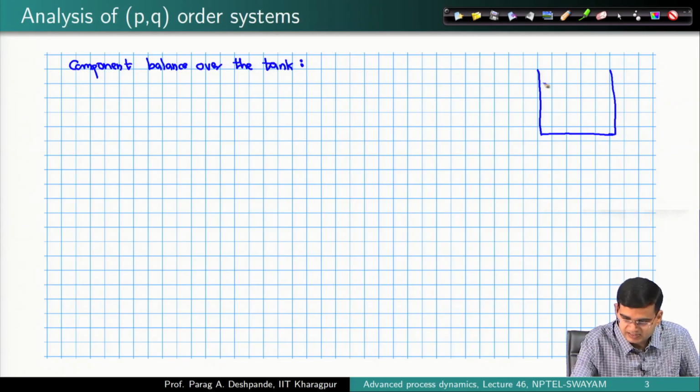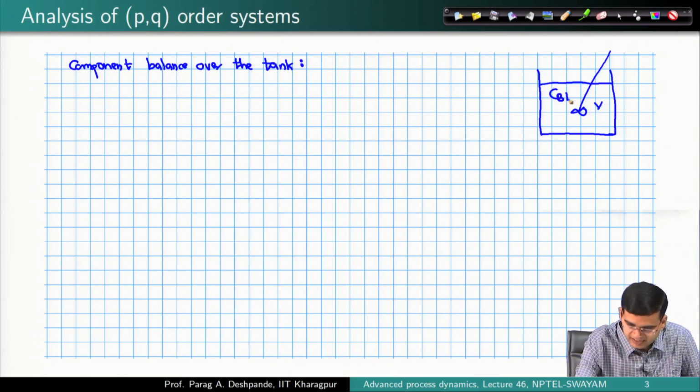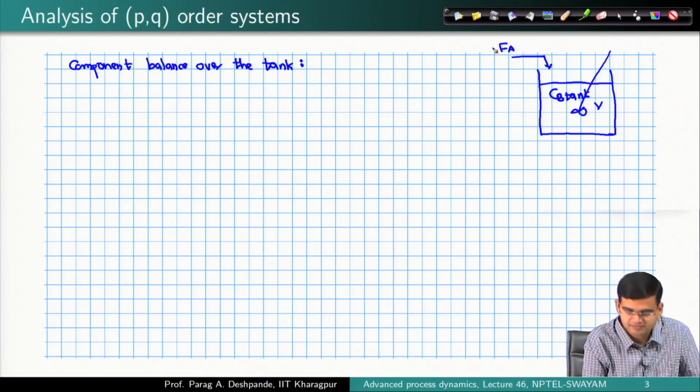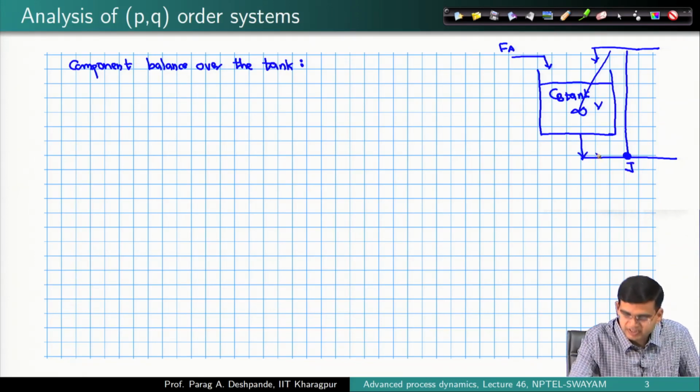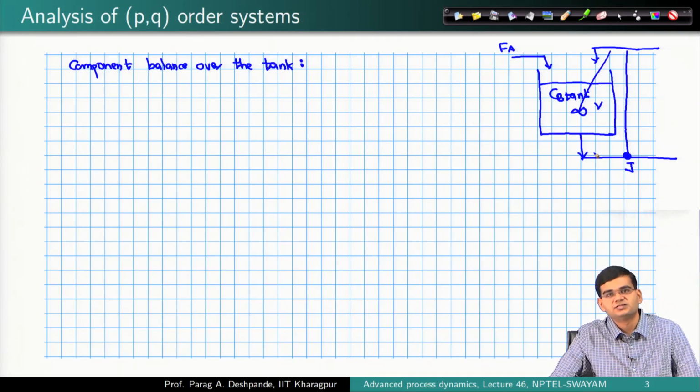My system is this, I have a constant volume, I have C B tank, F A, junction J. So, what would be the concentration of B coming out of the tank?